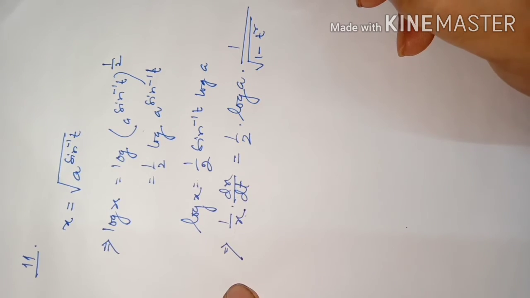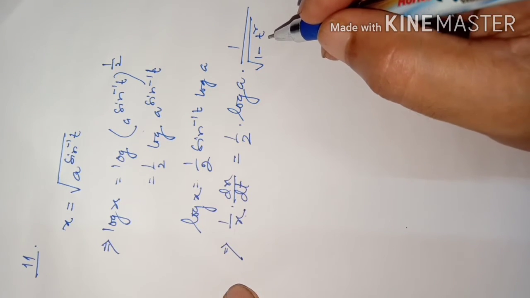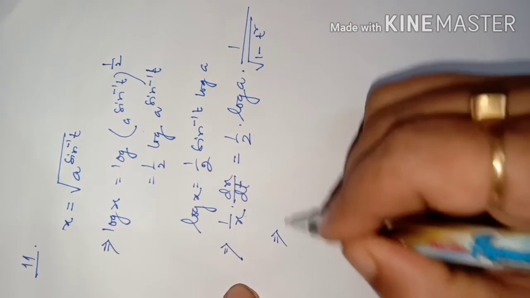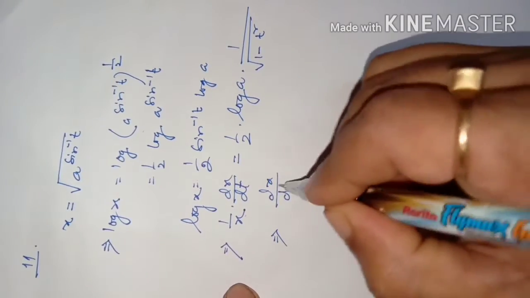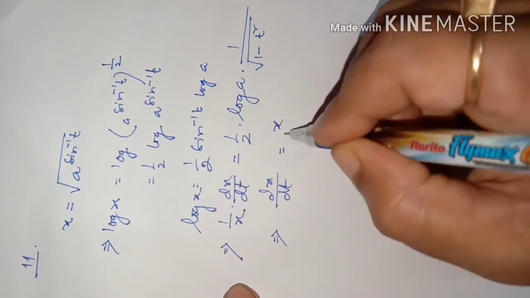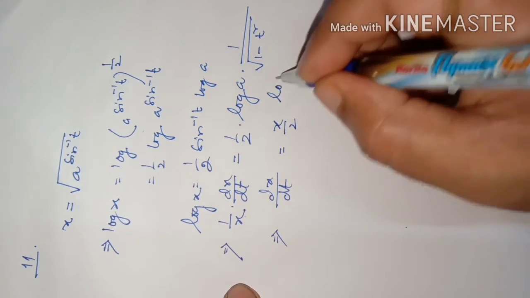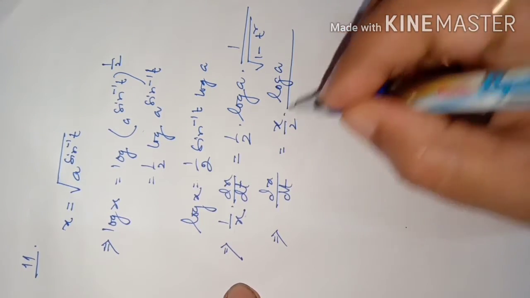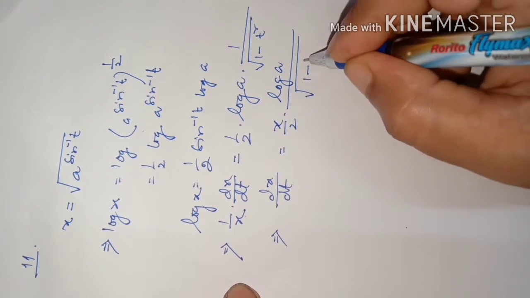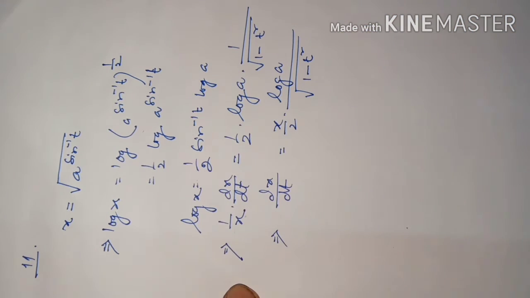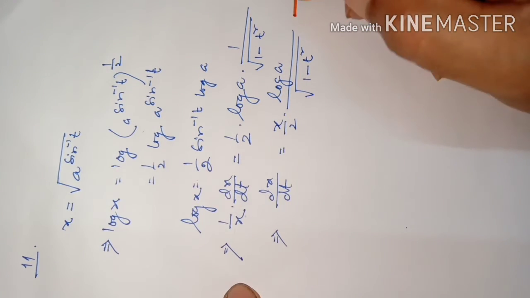So then the final thing will be dx by dt is equal to x by 2, because this x will go there, log a divided by under root 1 minus t square. This is our dx by dt.